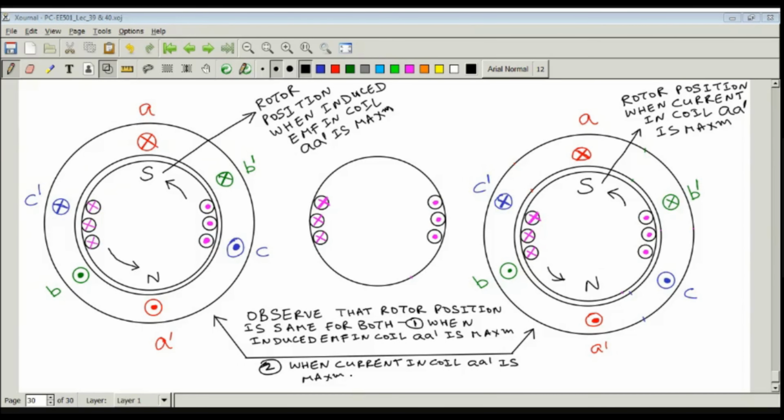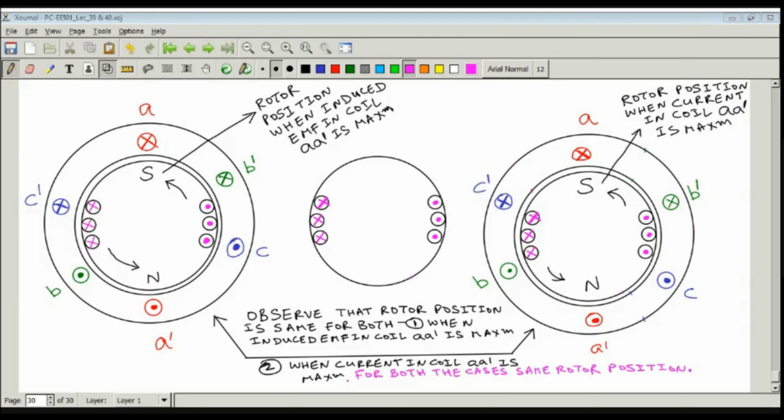For both cases, the rotor position is the same.